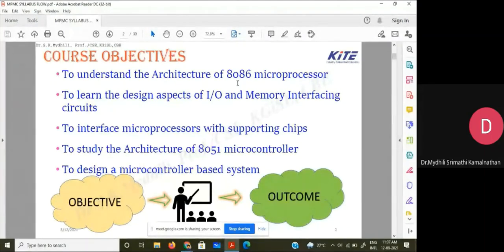Actually, the earlier 2013 or 2008 regulation papers included the 8085 microprocessor as the first unit. It is the simplest processor, an 8-bit processor that processes 8-bit data. Here you are going to study the 16-bit processor, the next development of the 8085 microprocessor, which came into the industry.